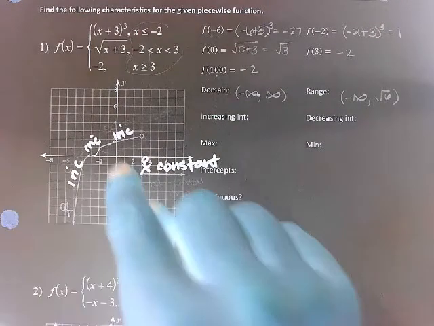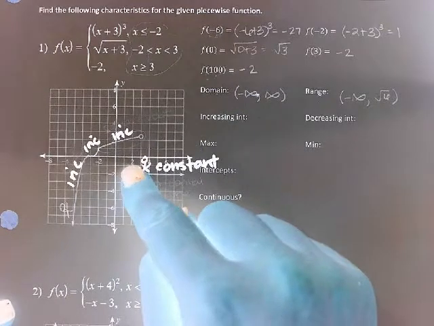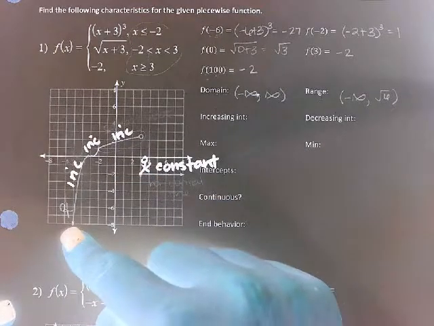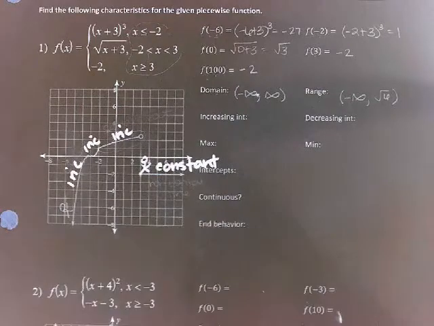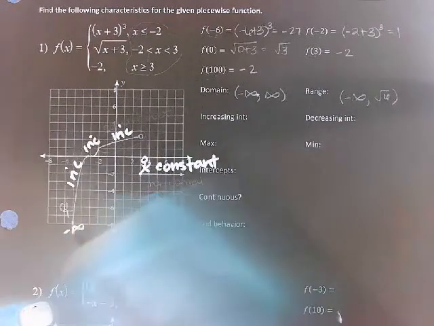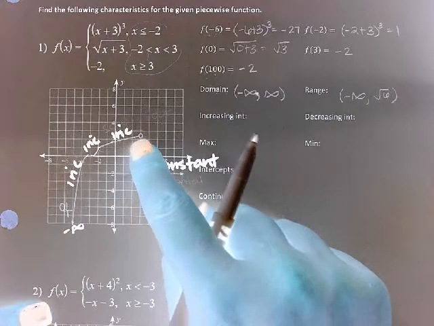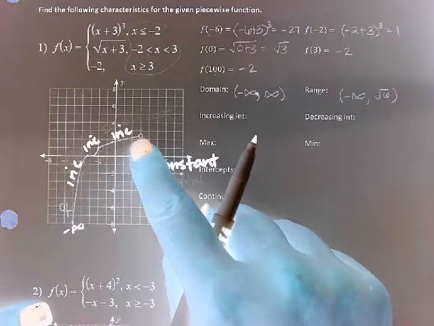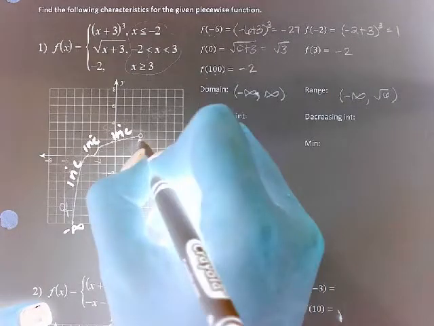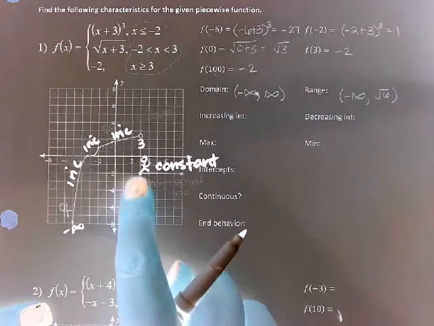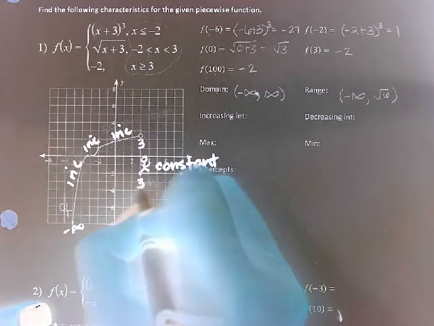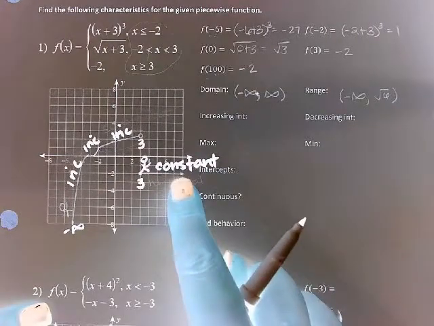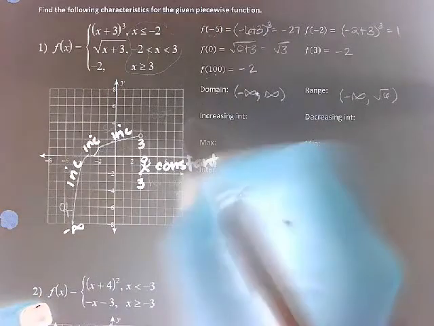Okay. So what we need to do is we need to know the x value where he starts. So what is the x value of a left arrow? Okay, so we've got negative infinity. And then we need to know the x value right here. What's the x value? 3. And then what's the x value right here? 3 as well. And what's the x value of a right arrow? Infinity.